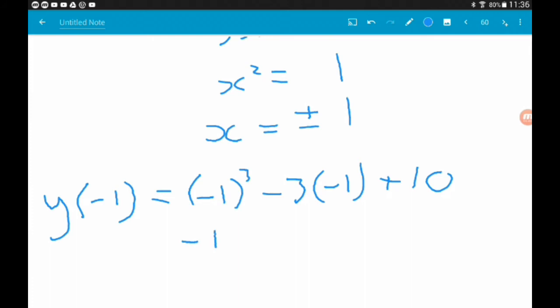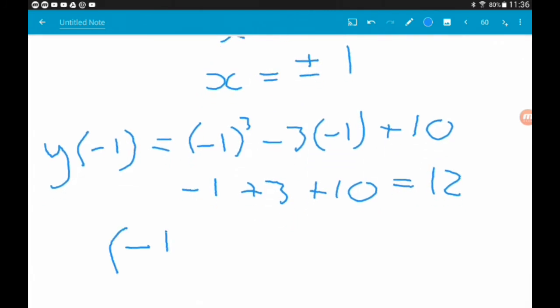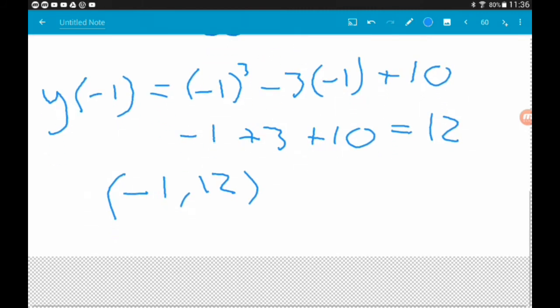Minus 3 times minus 1 is positive 3. So minus 1 plus 3 plus 10 is going to give us 12. So one of our stationary points has coordinates minus 1, 12, and then to find the other, we're going to substitute in x equals positive 1.